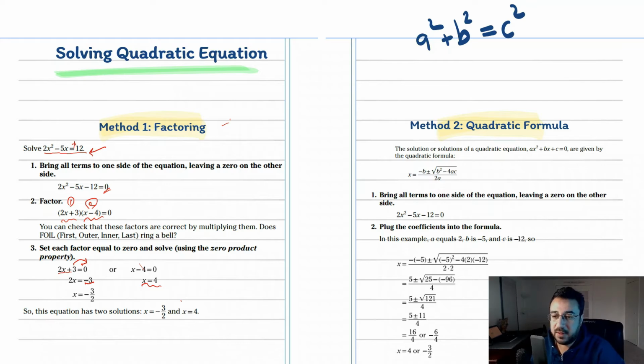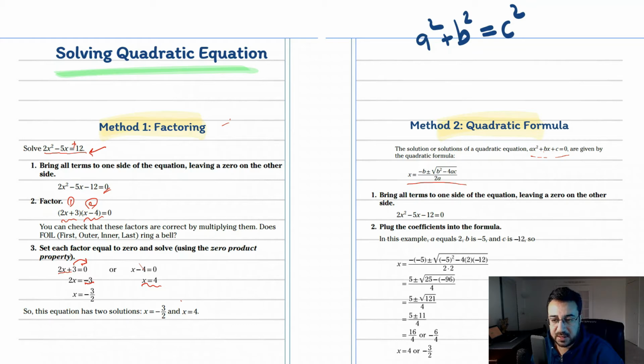Moving to the next method, the quadratic formula: if we have an equation in this form, ax squared plus bx plus c equals 0, then we can use the quadratic formula to find the solution of the equation. In this case, x equals minus b, which is the coefficient of x, or x to the power of 1, plus or minus the square root of b squared minus 4ac.